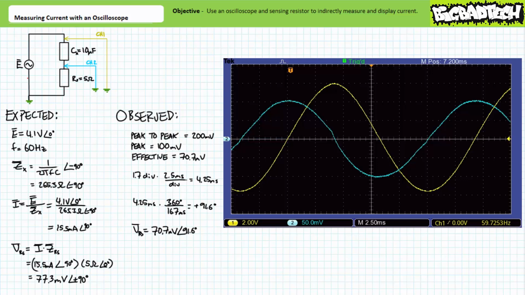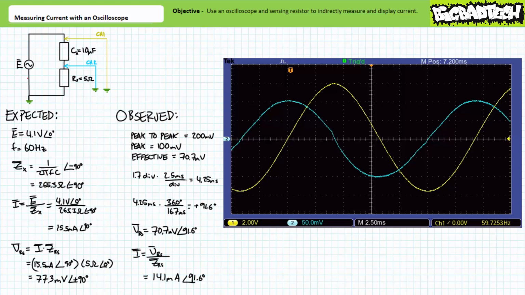Given a 60 Hz waveform has a period of approximately 16.7 milliseconds, a forward shift of roughly 4.25 milliseconds corresponds to a phase shift of roughly positive 91.6 degrees. We anticipated it to lead by 90 degrees. Our observations are super close to our expectations. Isn't that convenient? The phasor representation of the voltage across channel 2 can therefore be written as 70.7 millivolts at an angle of 91.6 degrees.